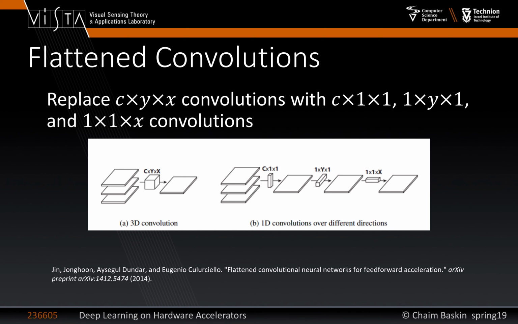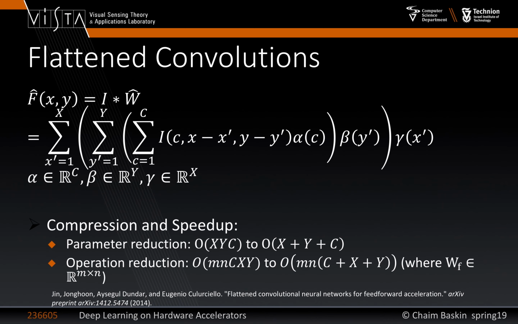And then of course we optimize the loss function, and we are only iterating. We are only replacing the feed forward iteration from the cube to flattened convolutions.